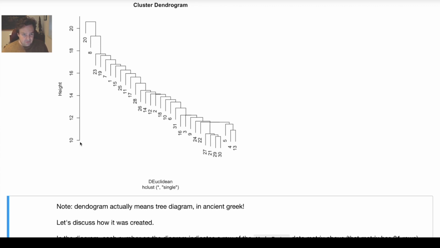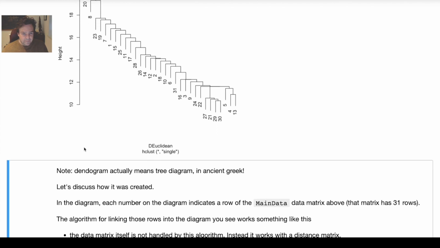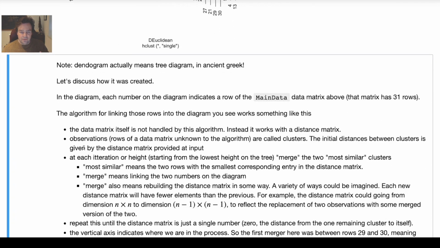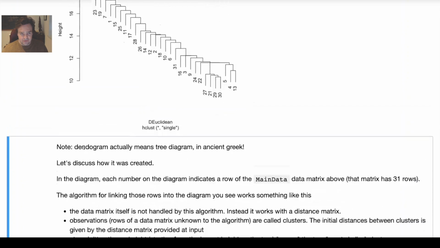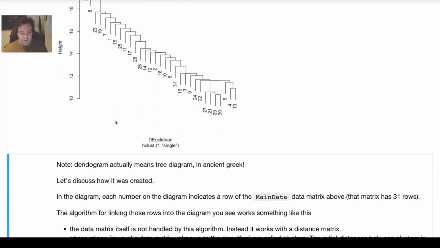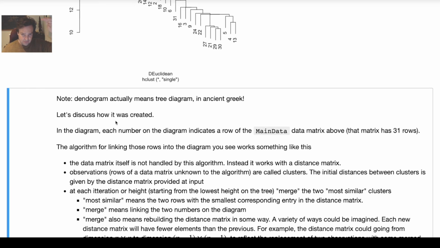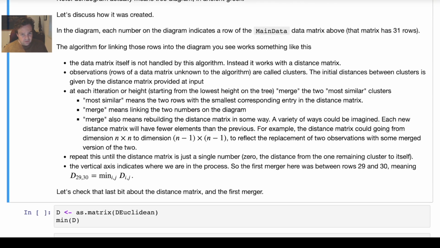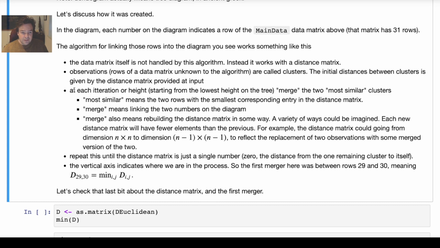But there's some kind of iteration number here, and that's telling you at which step you are in the process. And you can go as high as n here, though it doesn't go quite up to 30. So this iteration translates to where you are vertically on the diagram. And what you do at each iteration is the following: you find the smallest distance in your distance matrix.